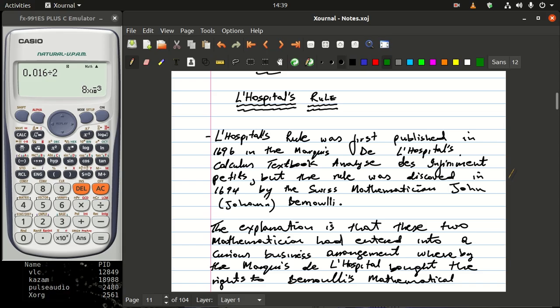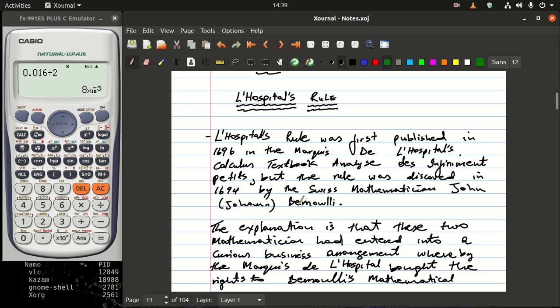Of course, L'Hopital's rule was first discovered by Johann Bernoulli. After he discovered it, L'Hopital wanted to acquire the rights to Bernoulli's mathematical concepts, and they ended up having a very intriguing business arrangement, because some people sell their work and others buy work.